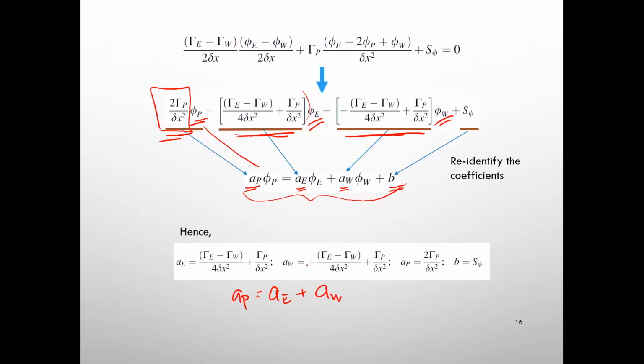So if you add these two terms, basically you get back this 2 gamma over delta x squared, because these terms will cancel each other. So usually this is the relationship between aP, aE and aW. The rest will be the source term, which belongs to b.